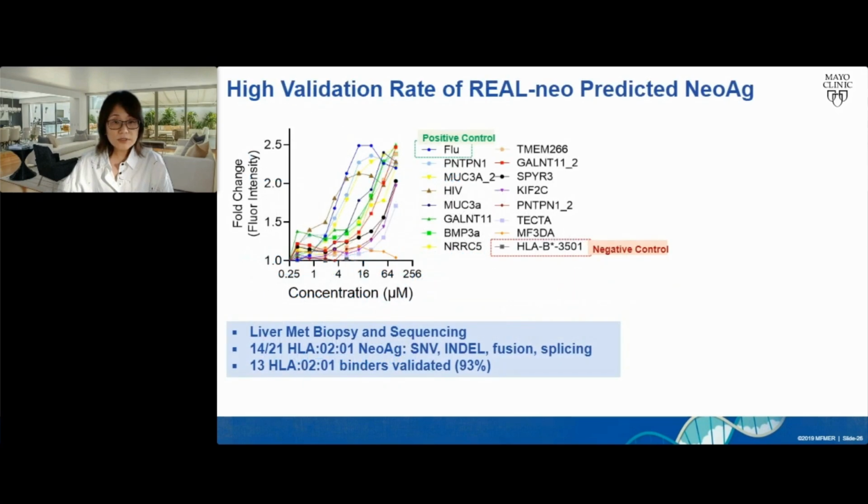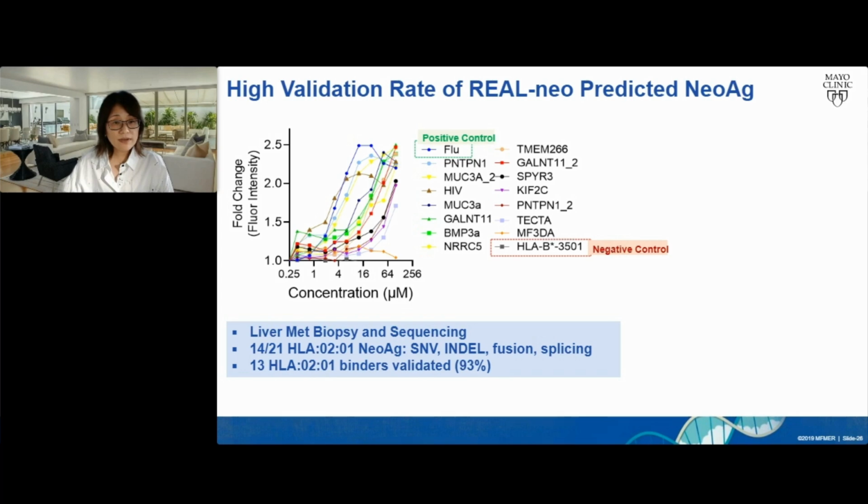I'll use the results from the single patient IND renal cell carcinoma neoantigen trial to demonstrate the accuracy of RealNeo. 14 out of the patient's 21 neoantigens are HLA-0201 binders, arising from SNV, indel, fusion, and splicing mutations.